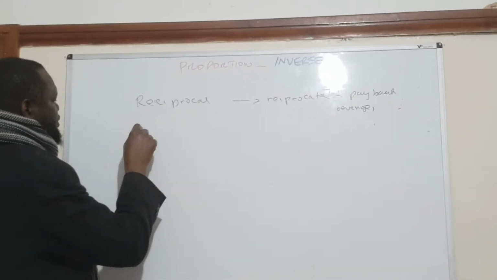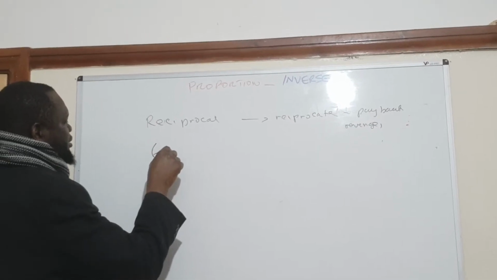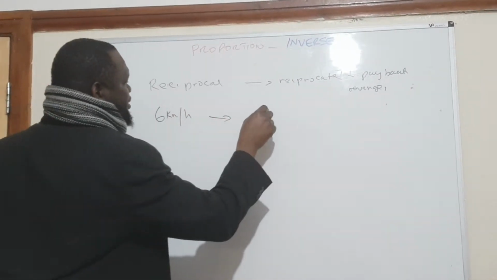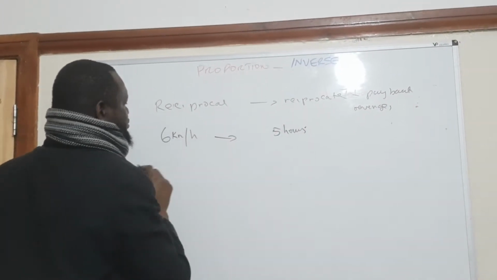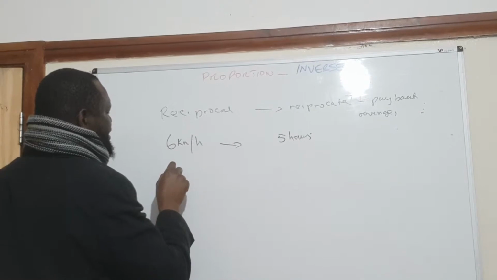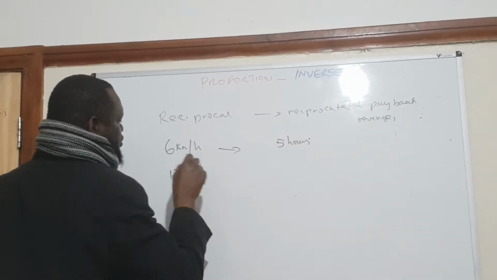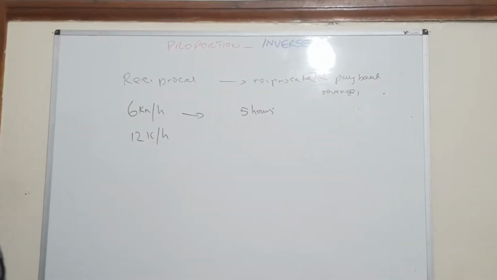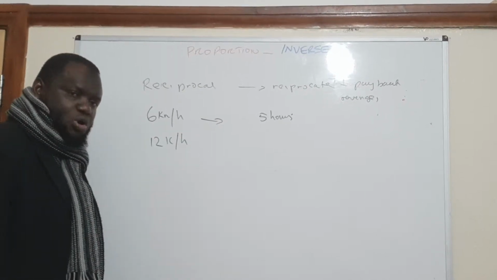If a man walks at a speed of 6 kilometers per hour in 5 hours, and his speed is 12 kilometers per hour, what happened? The speed increases. So, is it going to take the journey less or more?